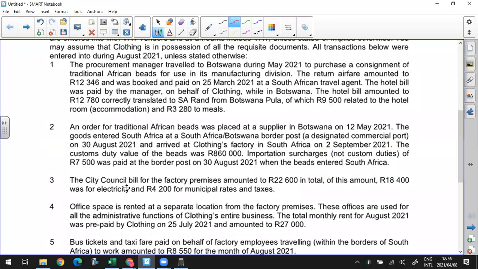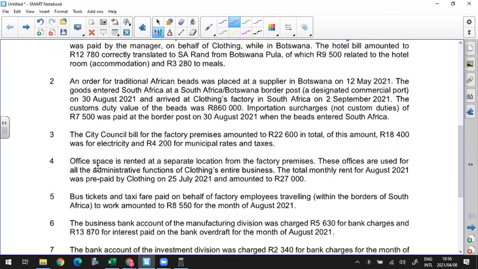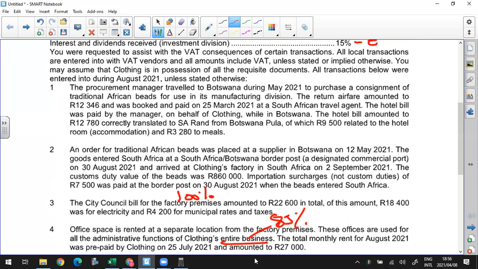So do we need to times it by 85%? No. It says office space is rented out at a separate location from the factory premises. These offices are used for all admin functions. So because this is factory premises, that's 100%. The entire business would be 85%.